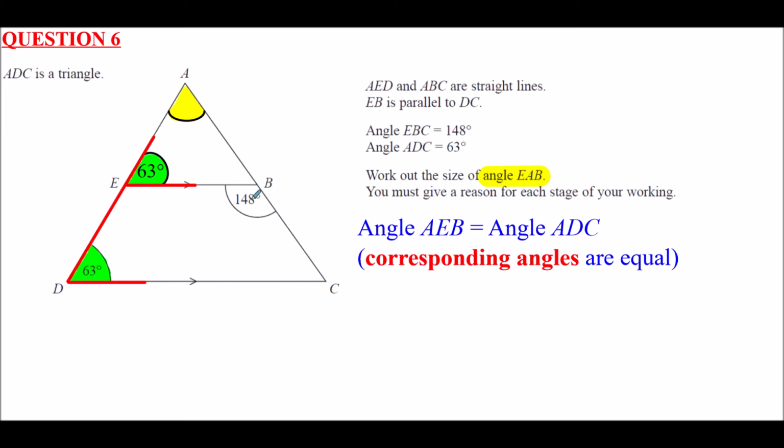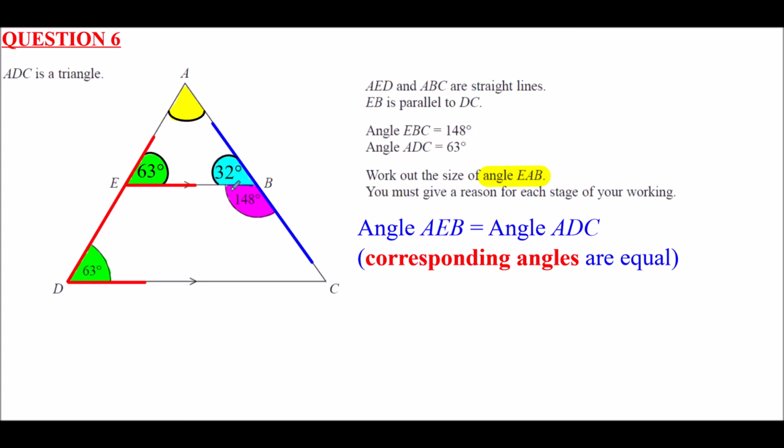So this angle here, 148, is on a straight line. So if I put this blue line here, and imagine angles on the same side of this straight line. I've got 148 here. Angles on a straight line, you need to know, add up to 180. So if that's 148, this one here will be 180 minus 148, which is 32.